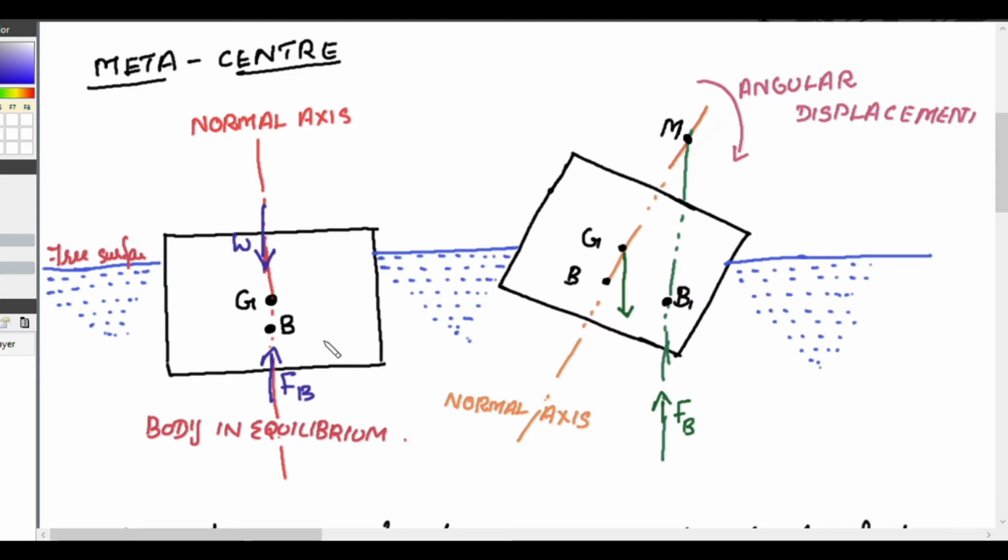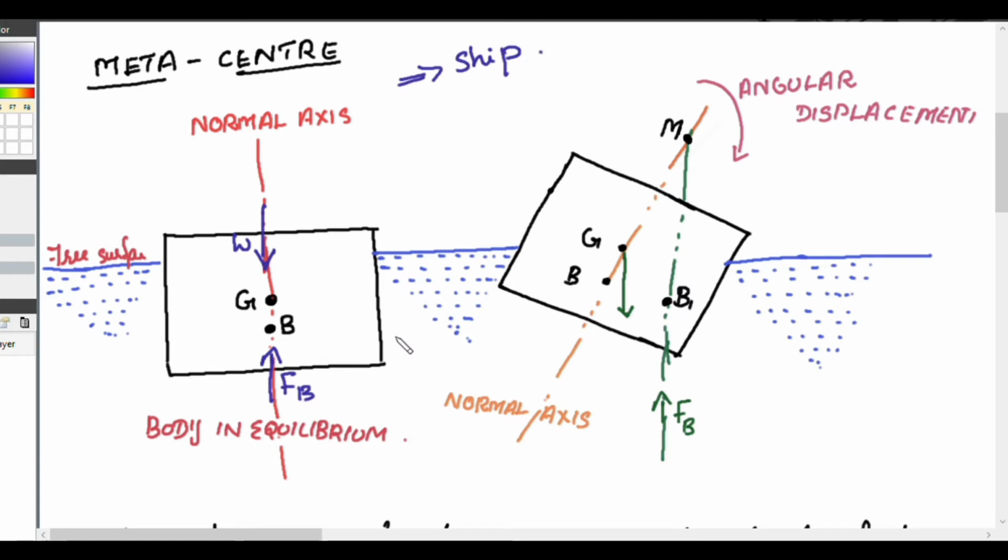Now you are tilting the body. You are making the body unstable, when you try to oscillate the body. The practical example is the movement of a ship.